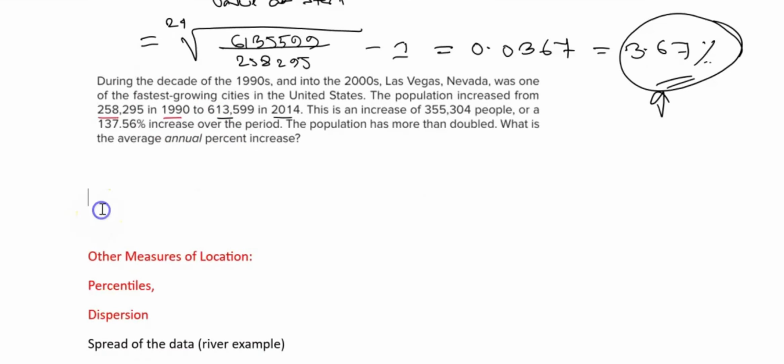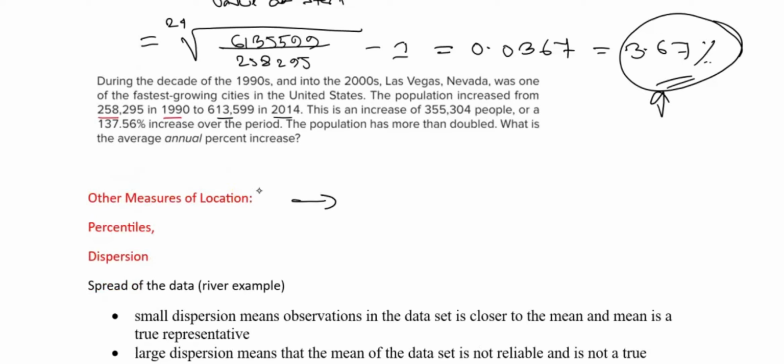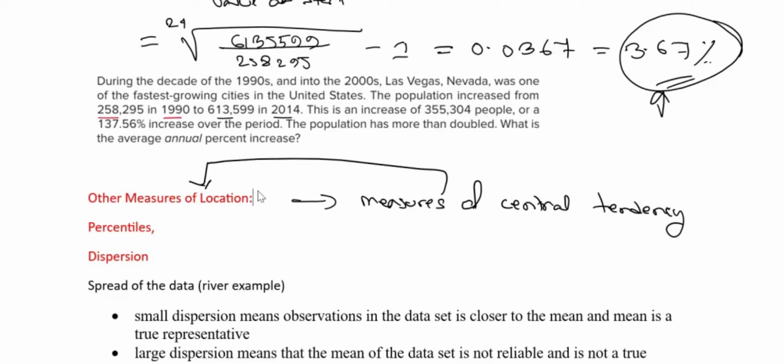Okay. So there are other measures of location. আমরা বলছিলাম measures of central tendency নিয়ে. So measures of central tendency is a type of measures of location. Other types are percentiles, deciles, quartiles.